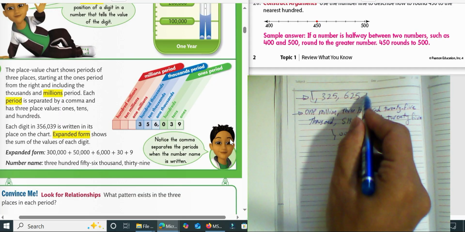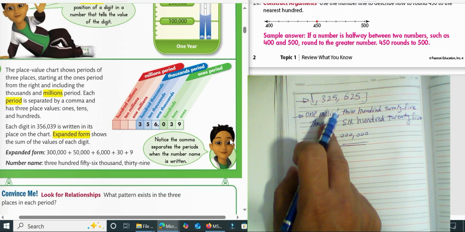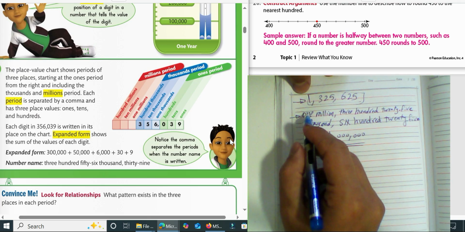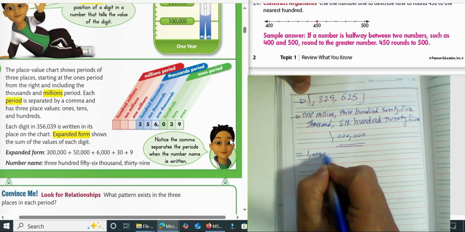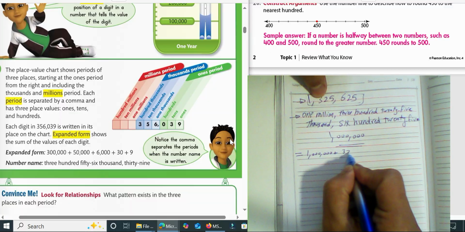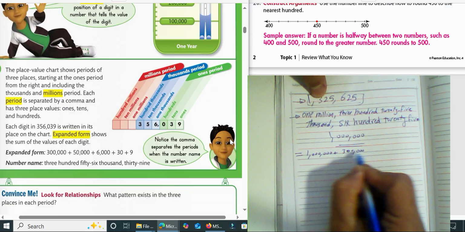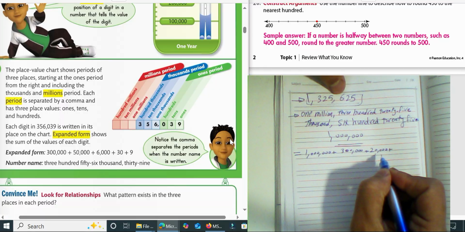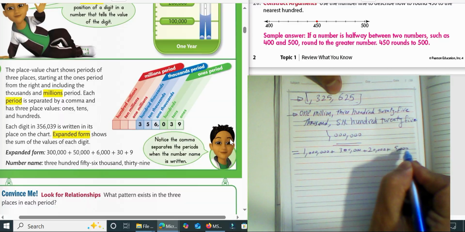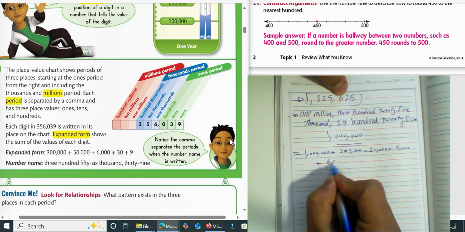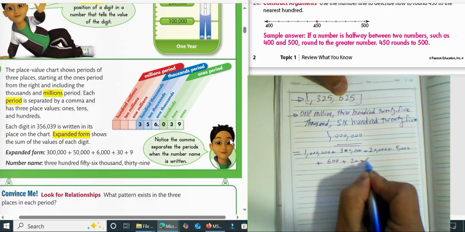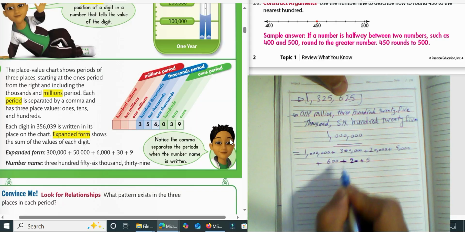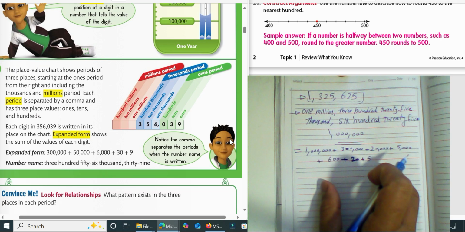We can also write the expanded form of this number: 1 million plus 300,000 plus 20,000 and also 5,000 plus 620 and 5. Okay, we call it expanded form.